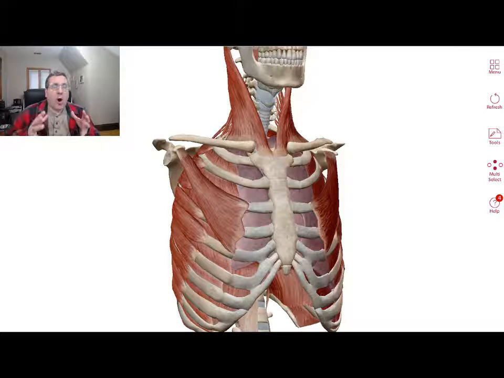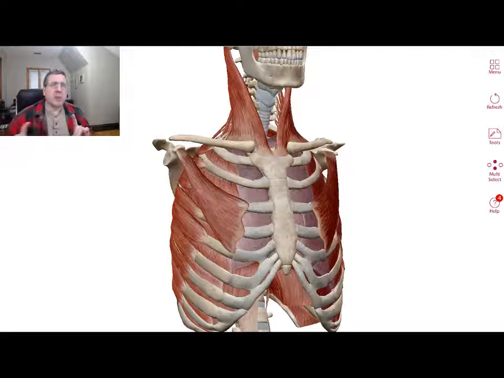So all of those deal with changing the volume of your thoracic cavity. Inspiration, whether it's quiet or forced, increases the volume, which therefore decreases the pressure, while exhalation decreases the volume, which increases the pressure.